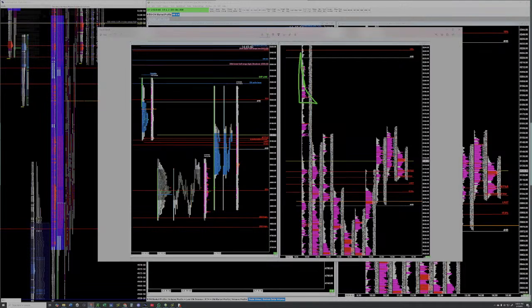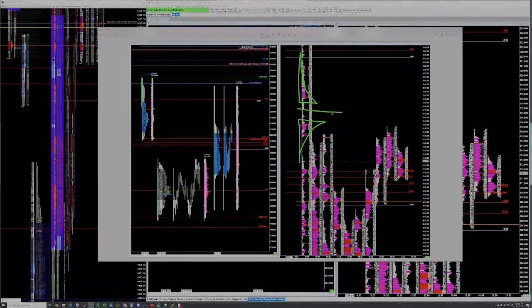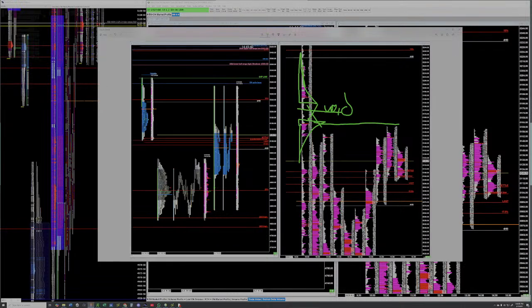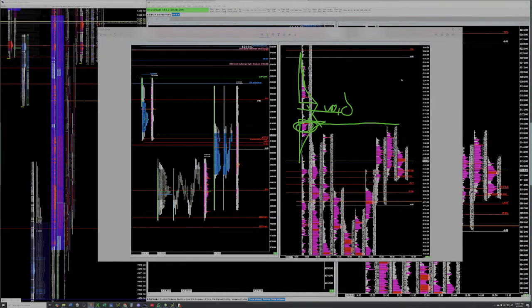A histogram, with volume that increases on the lower side, volume that increases on the upper side, and a void here. This is a void here that happens, right? The market is showing no interest in trade around this area. So we have the market stopping right around this level.